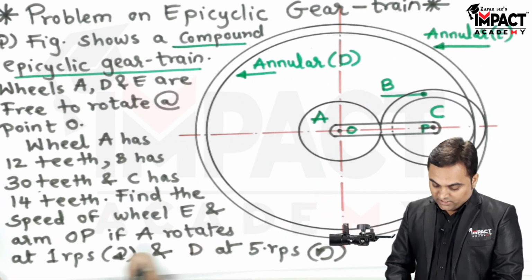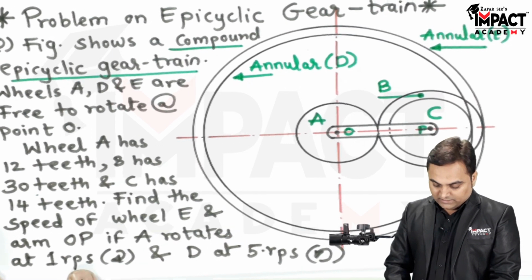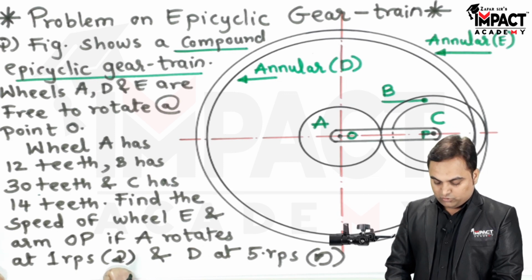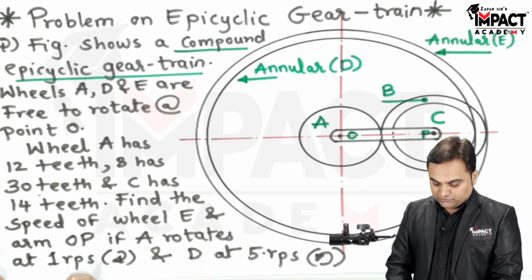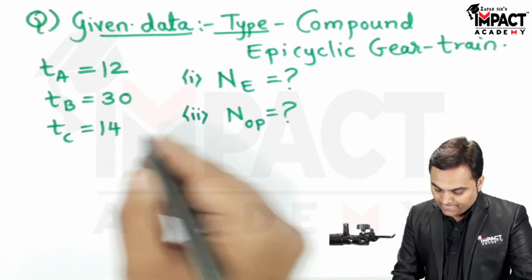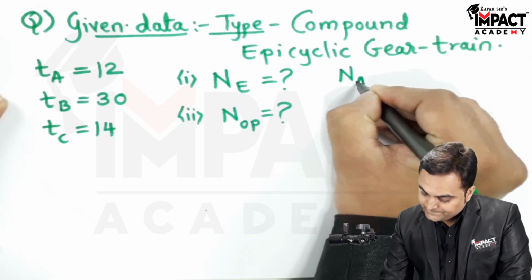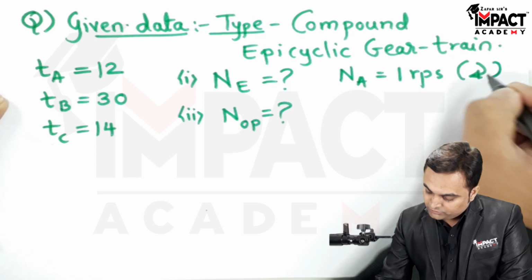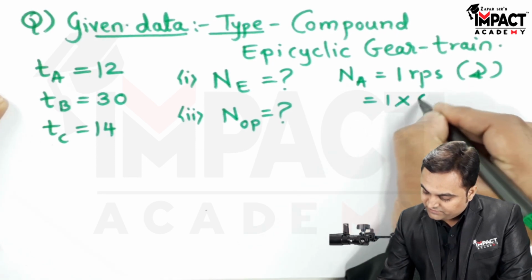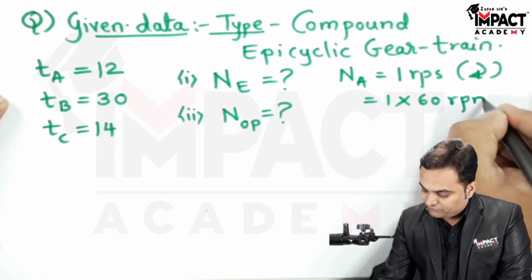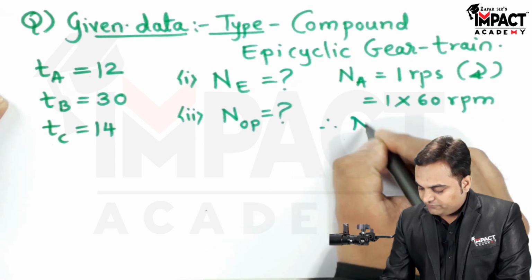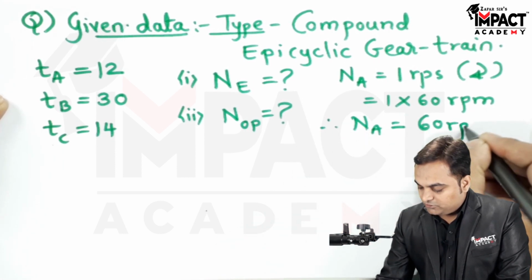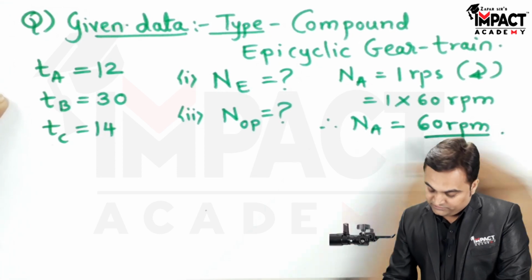Then A rotates at 1 RPS, so the direction of rotation is given clockwise and it is in revolutions per second. Speed of A is 1 revolution per second in the clockwise manner. So multiplying with 60 will give me the answer in terms of RPM, because I would be finding all the speeds in terms of RPM. So it is 60 RPM in the clockwise sense, hence it is positive.